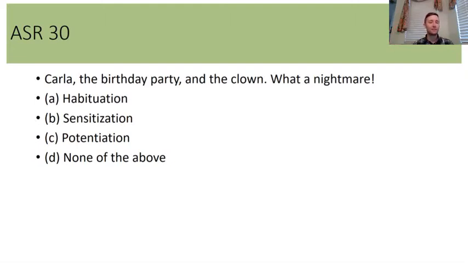So this describes which process? A, habituation, B, sensitization, C, potentiation, or D, none of the above. I'll give you a few more seconds. All right, I'll close the poll, and the answer here is B, sensitization.